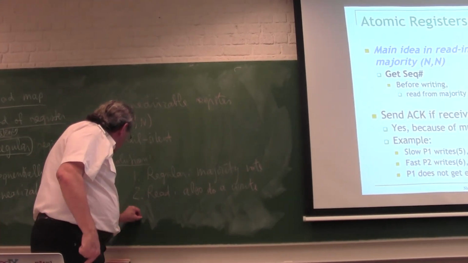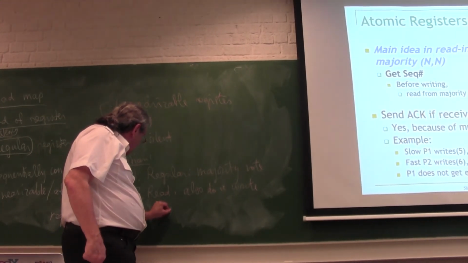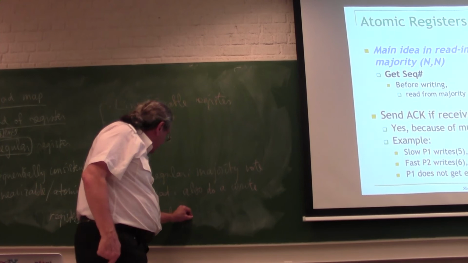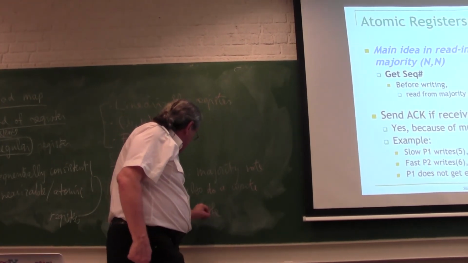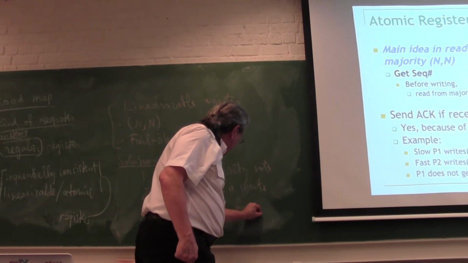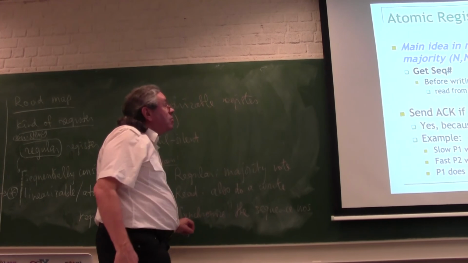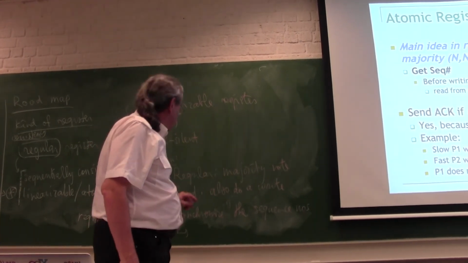And finally, to make it an N-N version, I have to synchronize the sequence numbers, because I can do the writes from N sites, from N nodes. So this is actually what's called a consult majority.